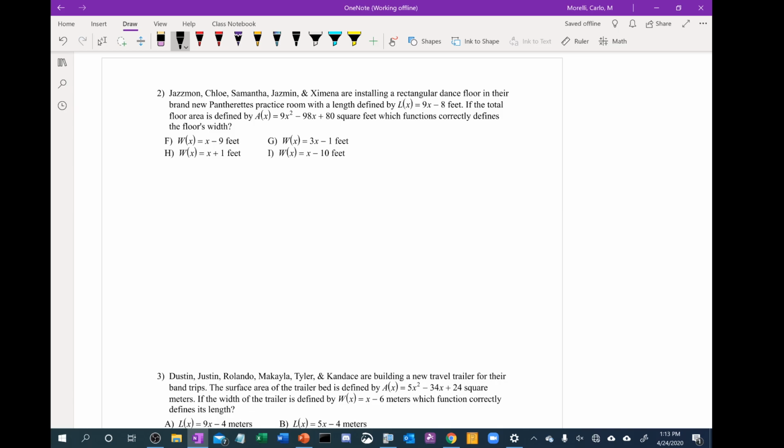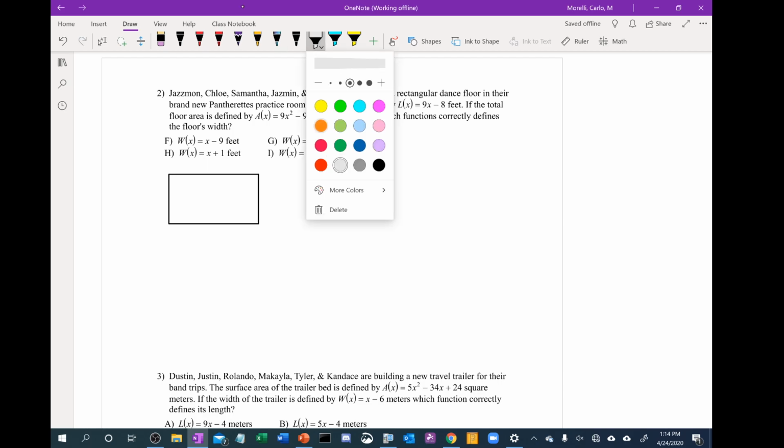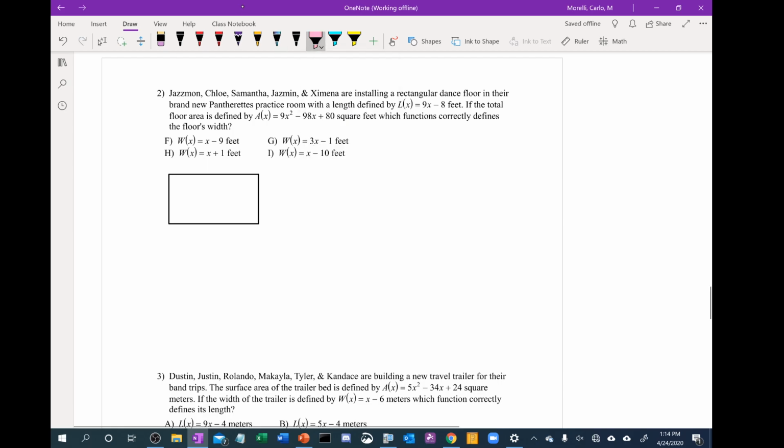All right, so once again, we draw a picture. We've got our dance floor here, aka any rectangle, and the Pantherettes will get, let's do a pink. So here's their dance floor.